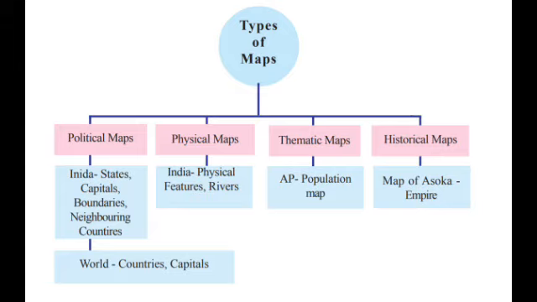And physical maps show us India's physical features, rivers. And thematic maps show the Andhra Pradesh population map. And last one is historical map. In historical maps, we will learn about the map of the Ashoka Empire. These are the topics we will learn in this chapter, learning through maps.